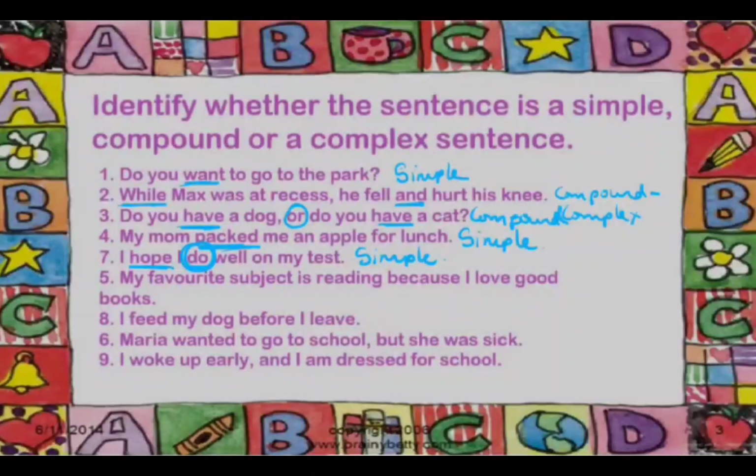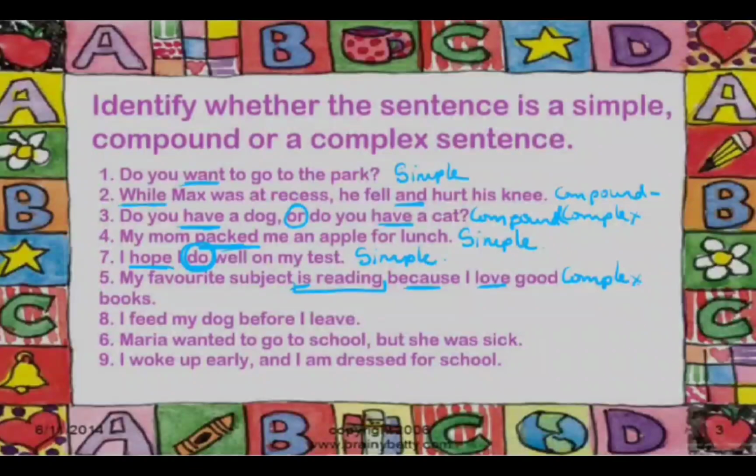My favorite subject is reading. Is reading, one verb, because it has a helping verb before it, because I love good books. So two verbs joined by a subordinating conjunction, hence this is a complex sentence.